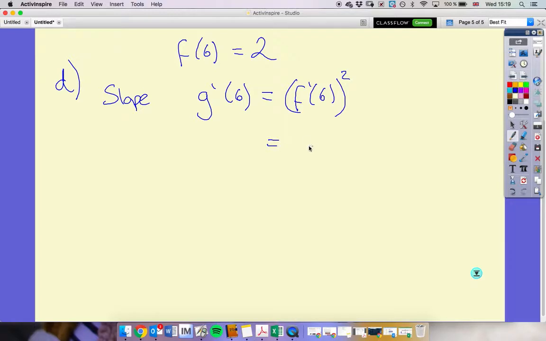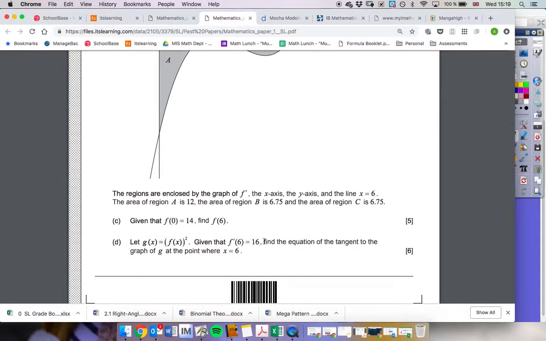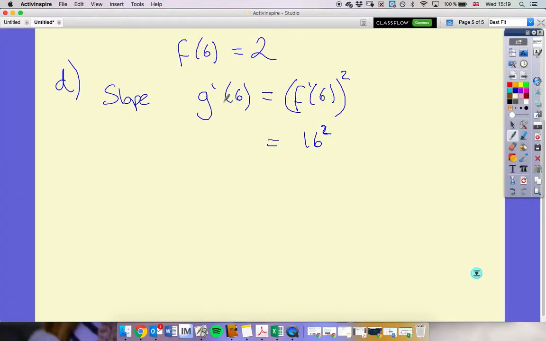So that is 16 squared. Okay, so for my tangent, I know that my slope is 16 squared, which is 256. So I've got my slope.